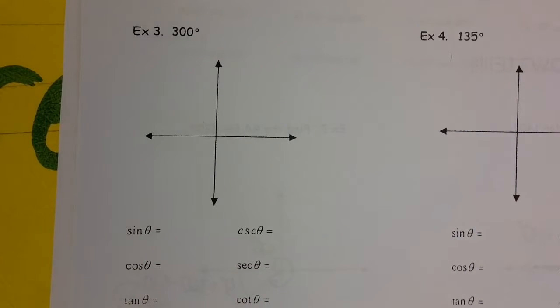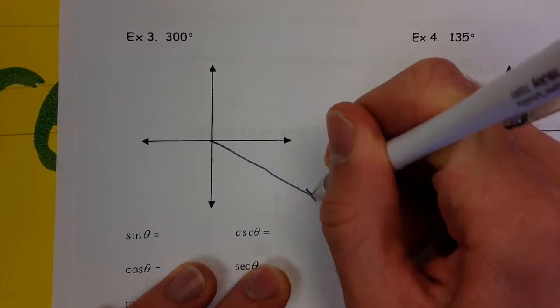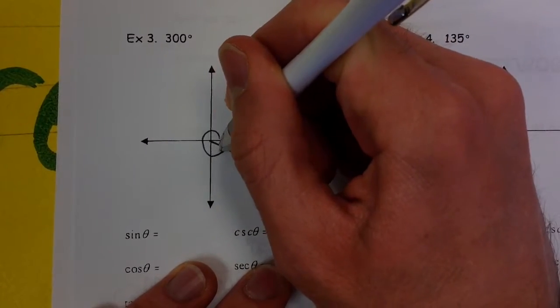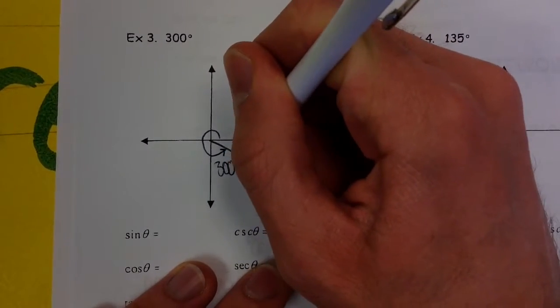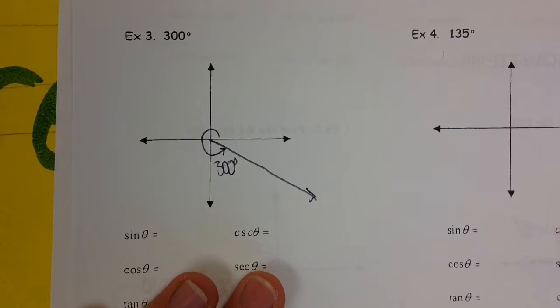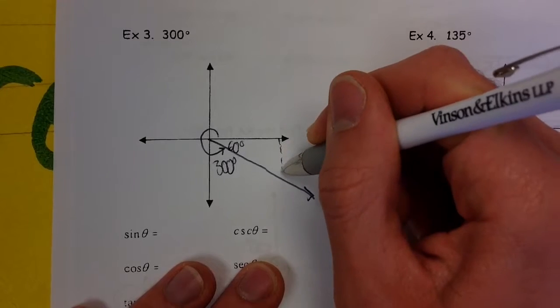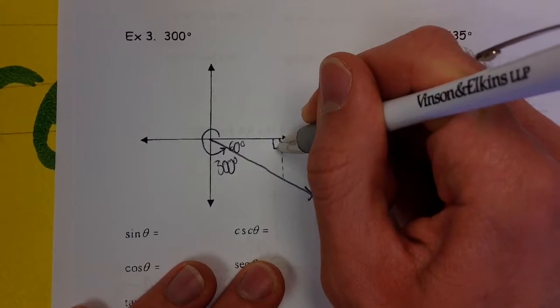Dominique, 300 degrees. What quadrant will the terminal side be in, please? Very good. The fourth one. And Nikki B., what will the reference angle be for 300 degrees? 60. Very good. It still has to do with a right triangle.